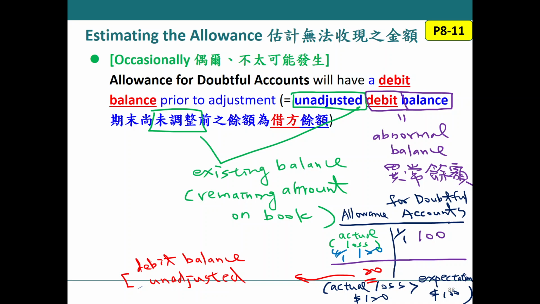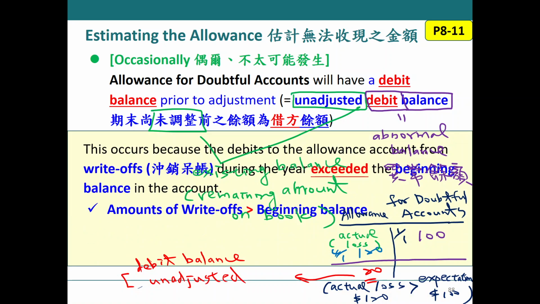But when you find out there's a financial crisis around the world, then so many companies have financial problems and so many companies closed. Then of course you will have more actual loss. What else? COVID-19, right? Could anyone expect COVID-19? No. But when COVID-19 happened, wow, so many companies closed, right? So we have more actual loss than our expectation. So when these kinds of things happen, you should be careful.